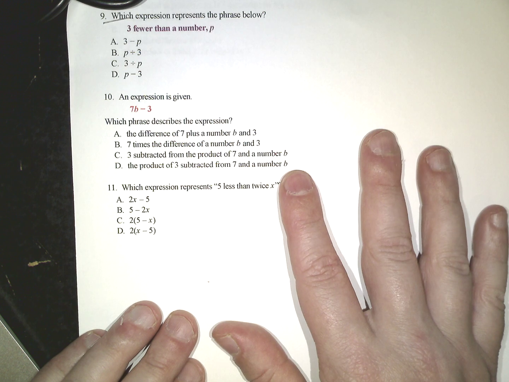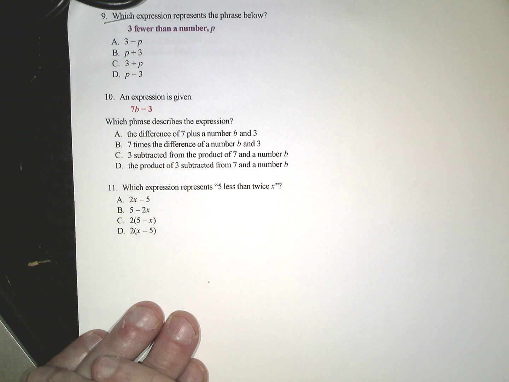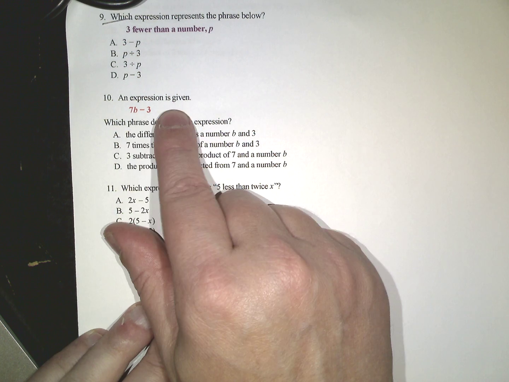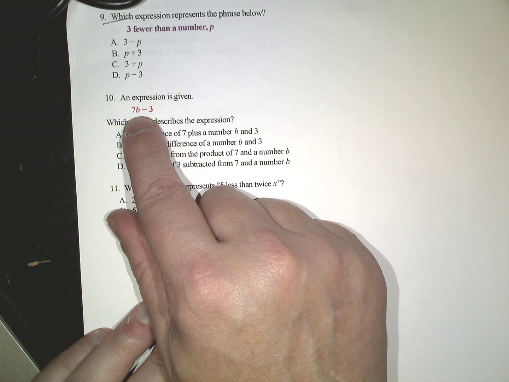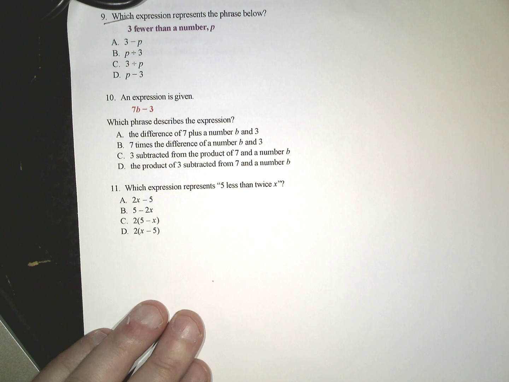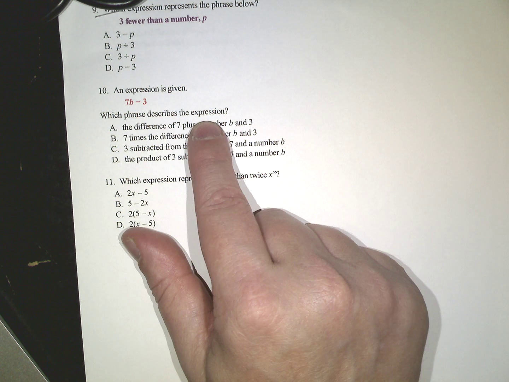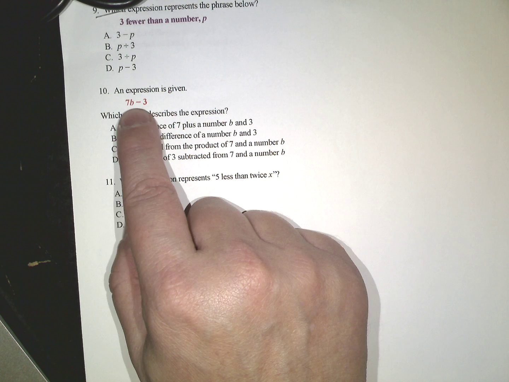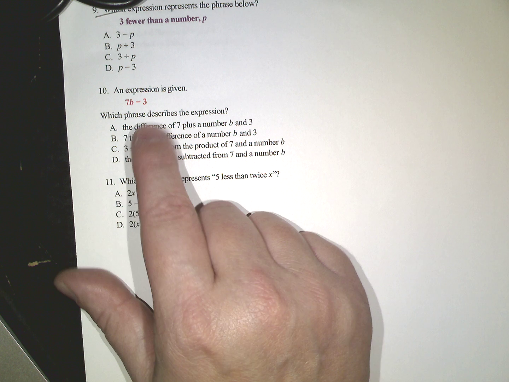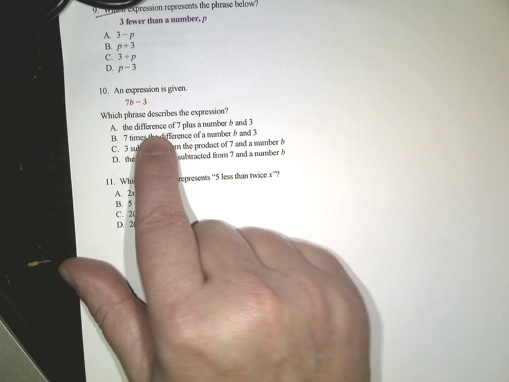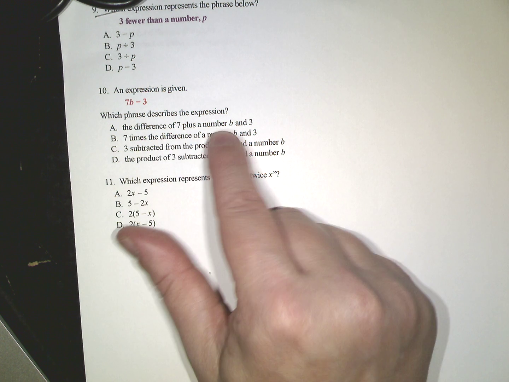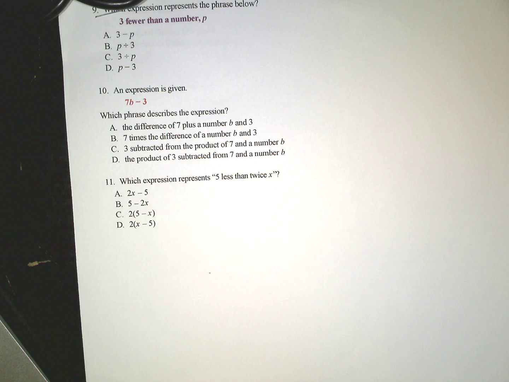Okay. Number 10. An expression is given, 7b minus 3. Which phrase describes the expression? Listen carefully. A, the difference of 7 plus a number b and 3.